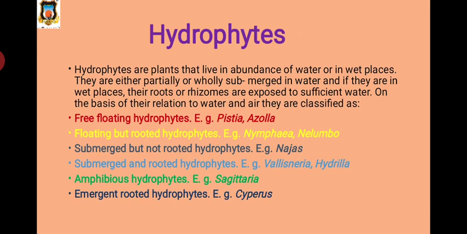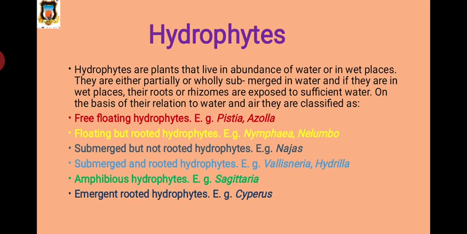Then the submerged rooted hydrophytes. The entire plant remains submerged in water and rooted in soil, for example Hydrilla. In Hydrilla the stem is weak and the leaves are small, and in Vallisneria the stem is tuberous and the leaves are cauline.